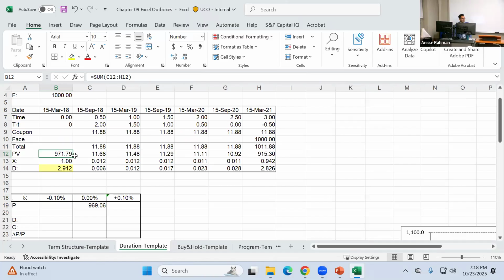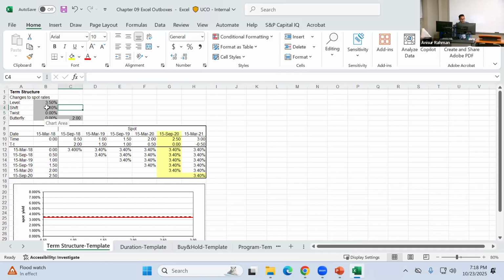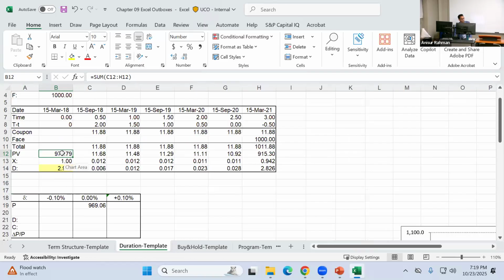Do you get 971.79? So I entered negative 0.10% in the shift. It did not change for you? Mm. So let's see. For the shift, negative 1.